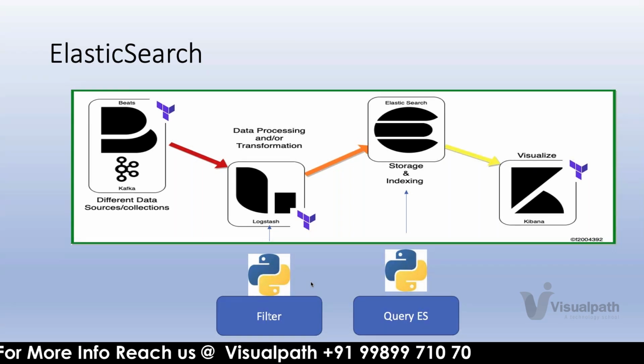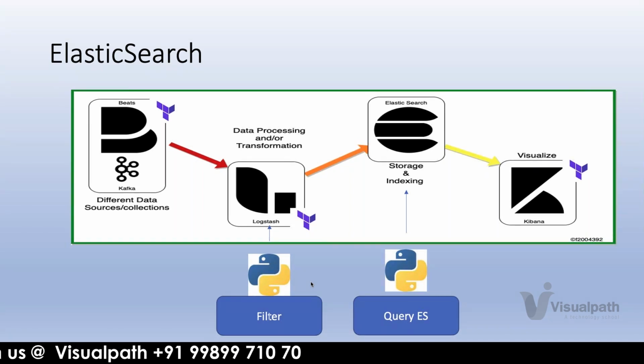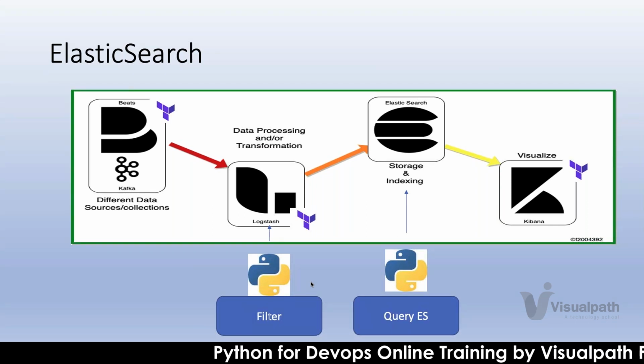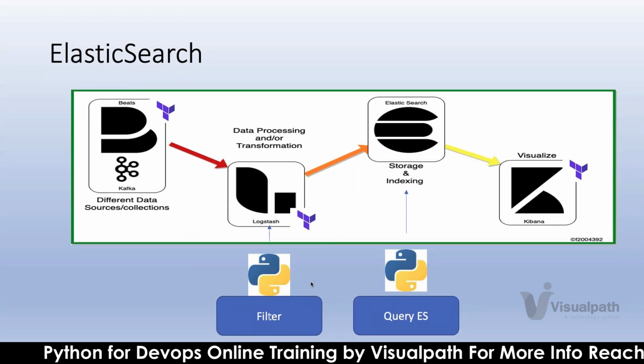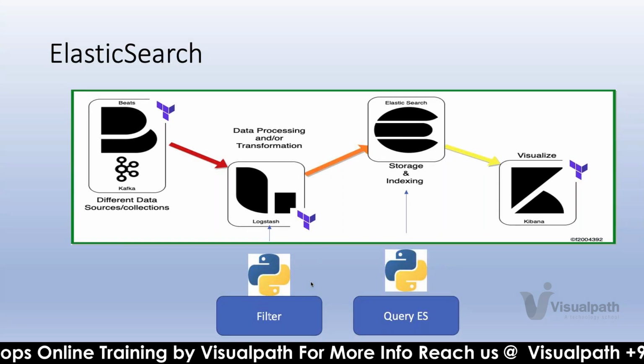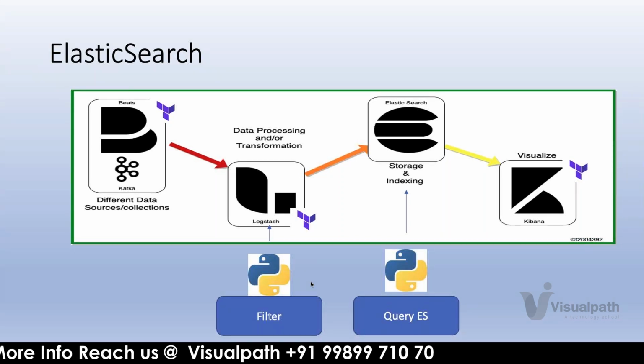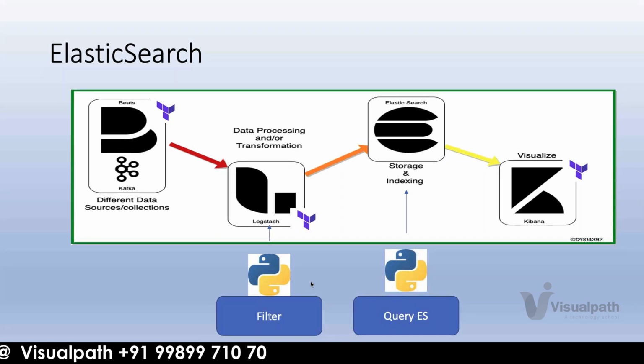The second advantage is that Python has both backend and front end capabilities. With Python we can design the front end, and with Python we can design the back end. The third advantage is the availability of third party modules.